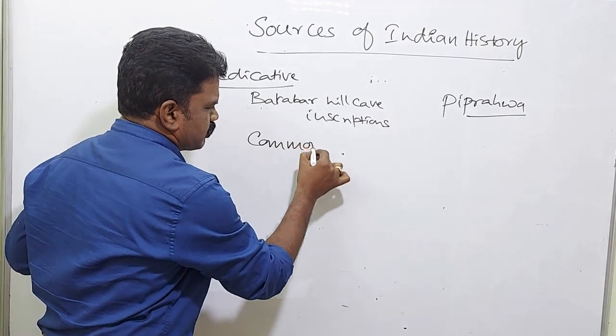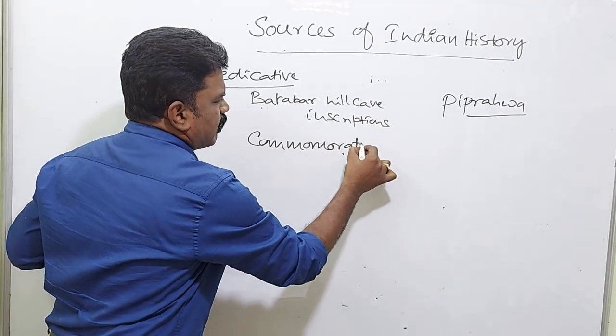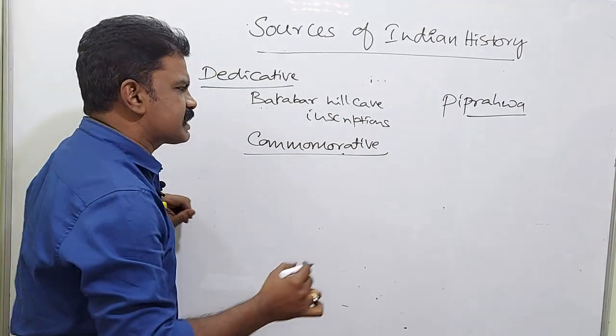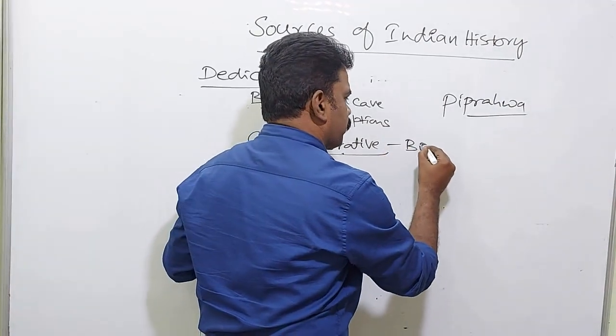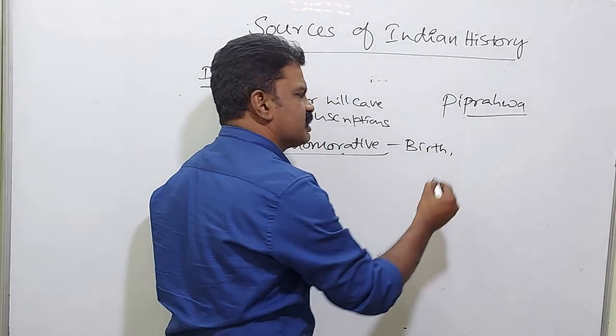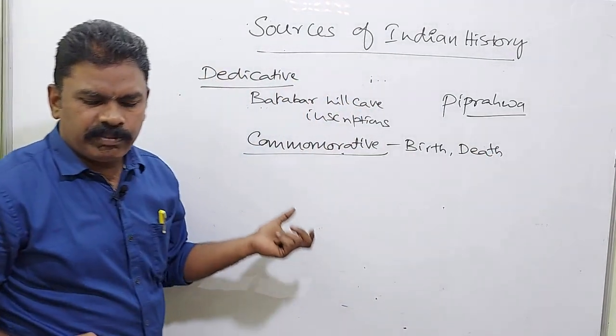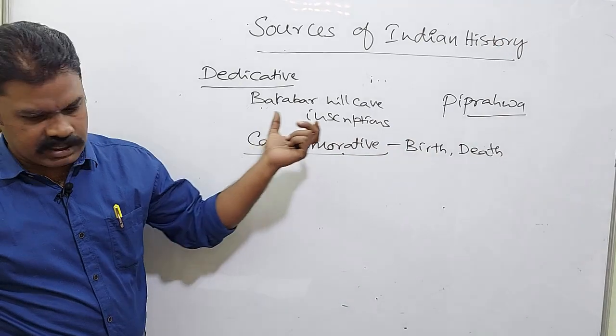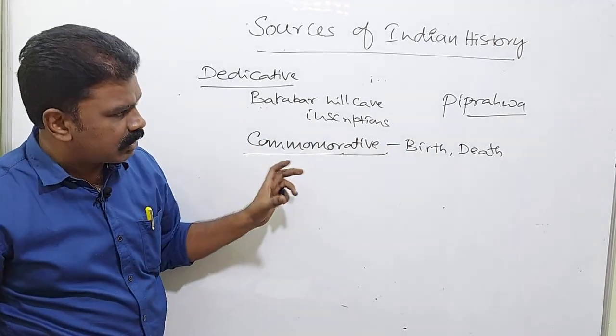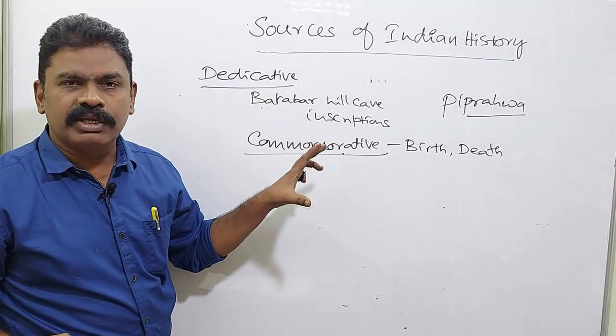After this, commemorative inscriptions. These commemorative inscriptions speak about the birth or death of great personalities, or other important incidents of great personalities, made in their memory.